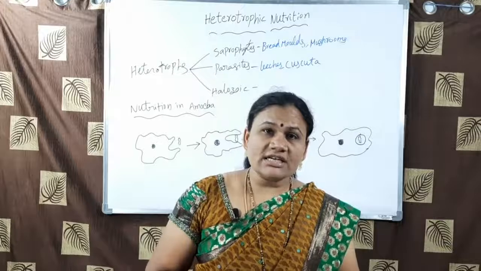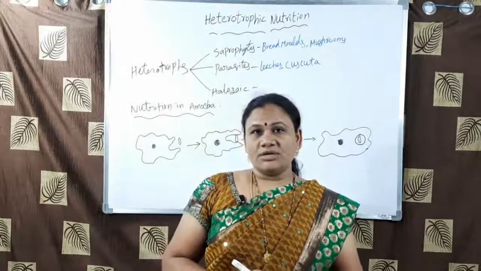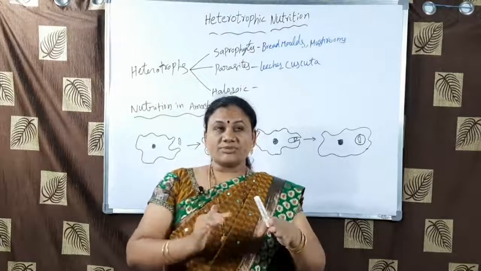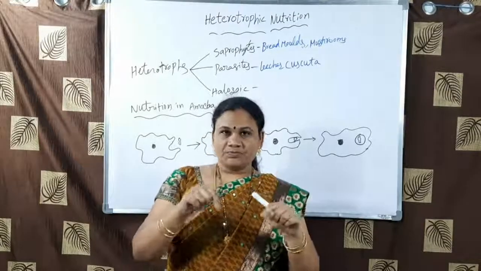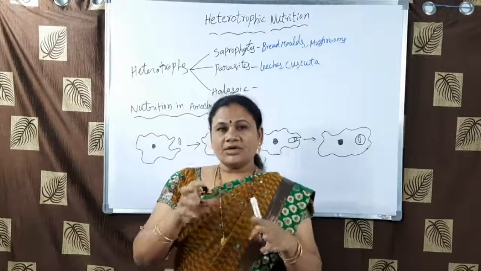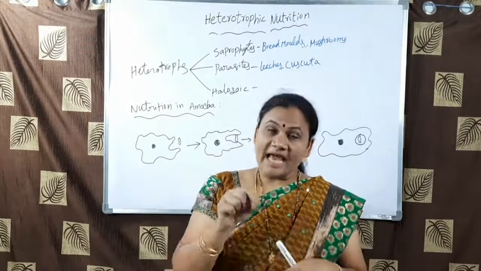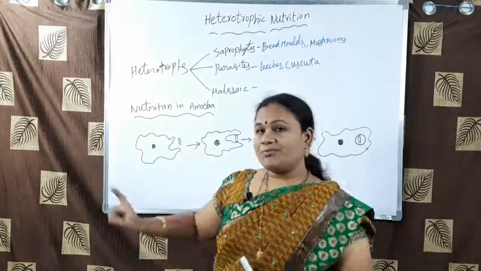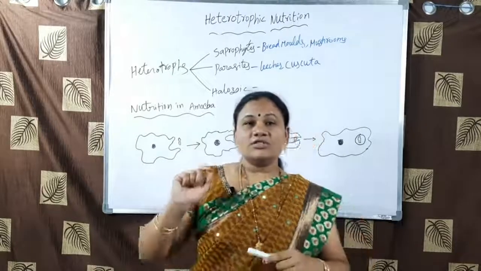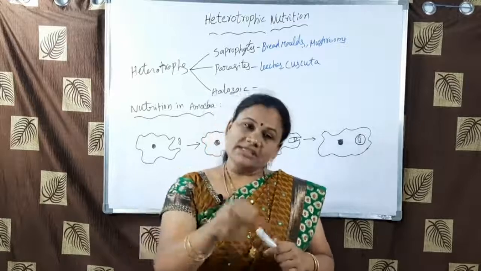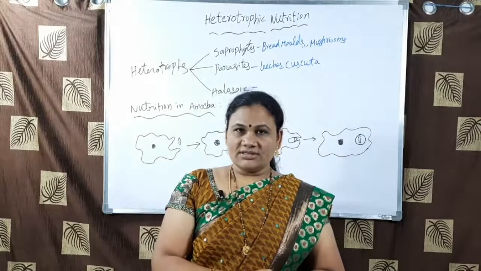Next, another single cellular organism, that is Paramecium. Paramecium has a particular body shape, just like a slipper. So it has a definite shape, and it is also a single cellular organism. It has a little bit more developed body structure than the amoeba. So in that one, it has a separate place for food digestion.